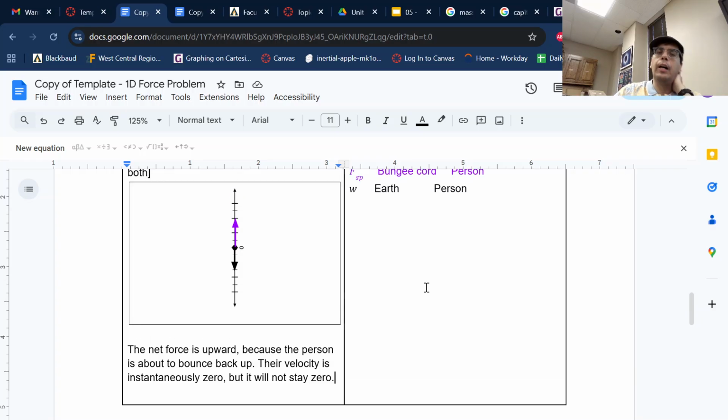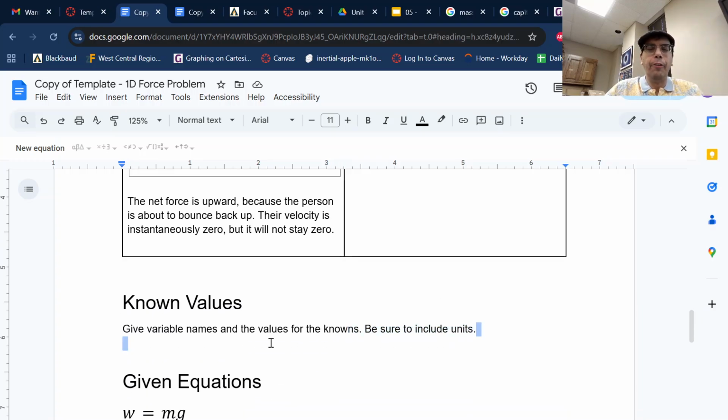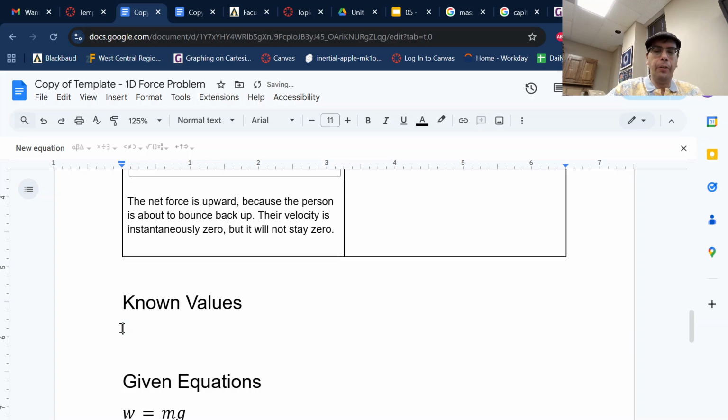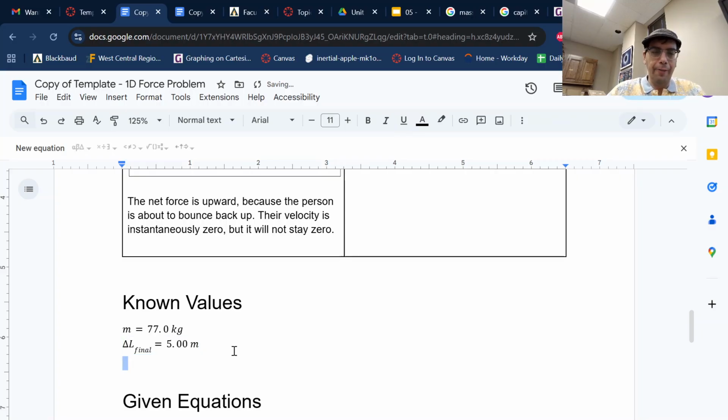So there are basically two steps that we're going to have to solve with the forces. First, let's just go ahead and put in what we know. We know the mass of the person, did I say 77, I think? And we said that delta L at the end, compared to the final value, I guess, is 5 meters.